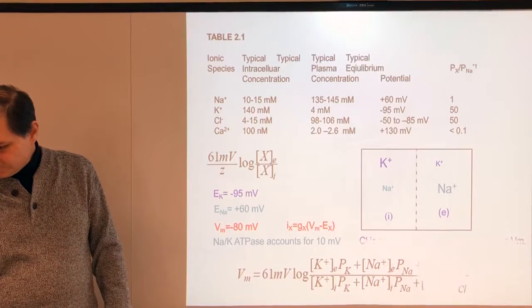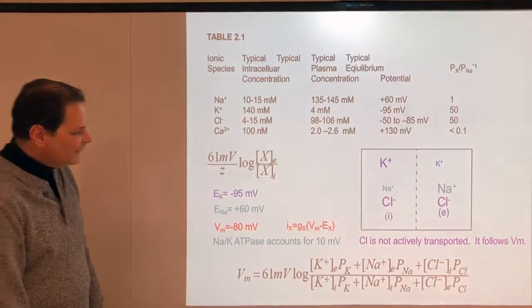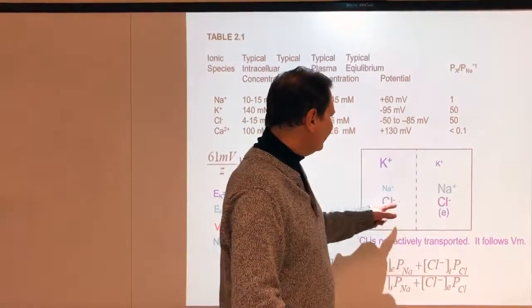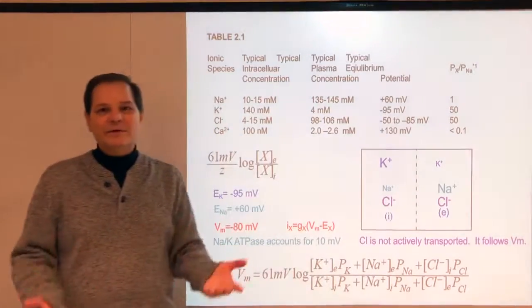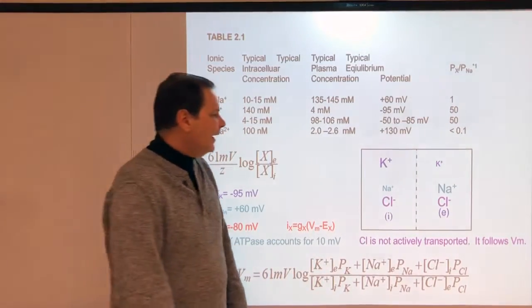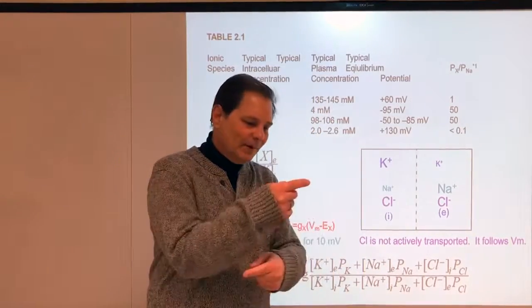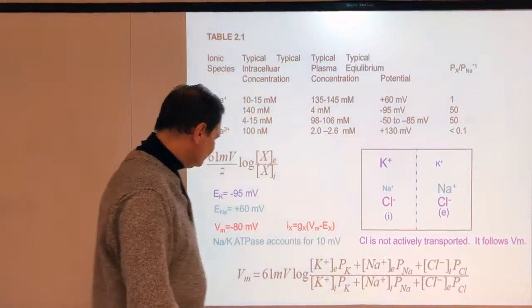So let's talk a little bit about chloride. Now for sodium and potassium, these gradients, high inside, low outside, high outside, low inside, are generated and maintained by the sodium-potassium ATPase, the sodium pump. Whenever sodium and potassium cross this membrane, the sodium pump pumps the ions back in the opposite direction.